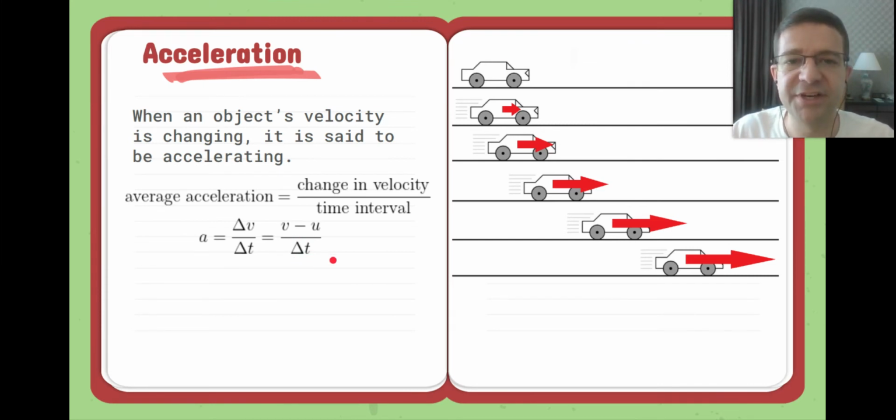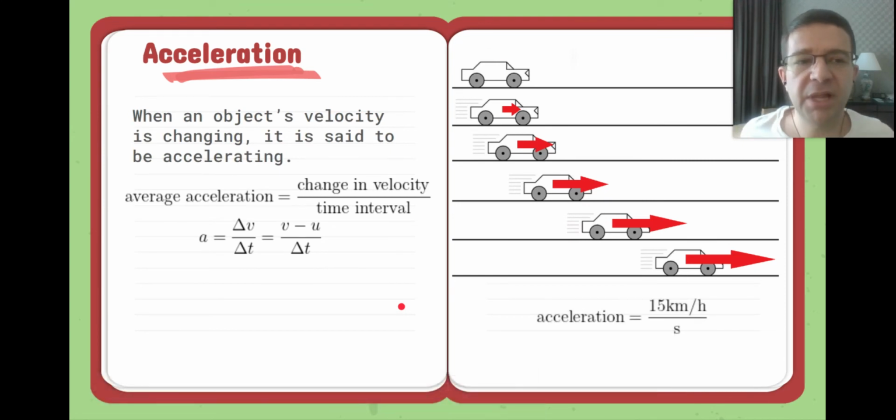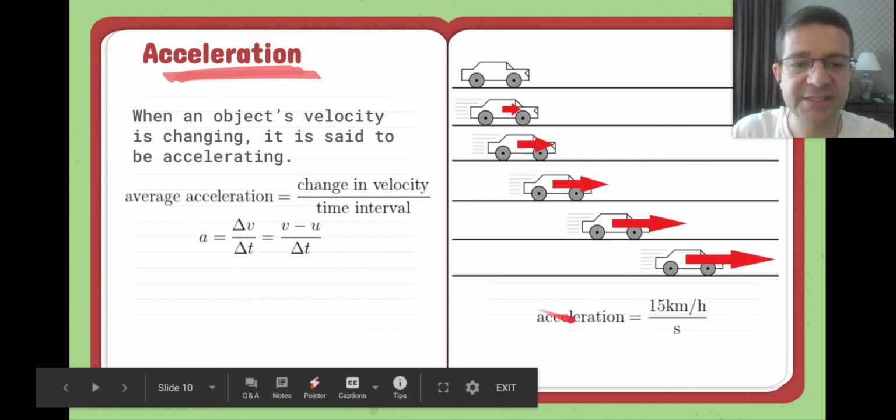On the right here, we have an example of a car that is accelerating. It starts out at rest, and we can see here the red velocity vector becomes larger and larger as it moves faster and faster. If we apply some numbers to this, for example, we can apply an acceleration of 15 kilometers per hour per second, then we can actually put some numbers to this.